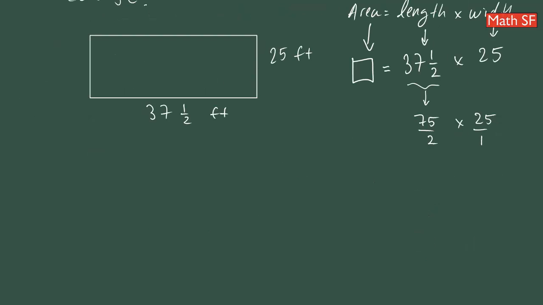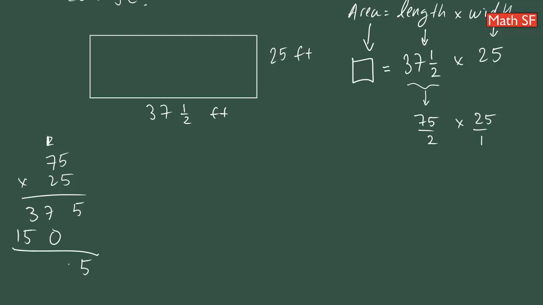75 times 25 will be, let's do it on the side. 75 times 25. 5 times 5 is 25. 5 times 7 is 35, plus the 2 on top is 37. 2 times 5 is 10. 2 times 7 is 14, plus 1 is 15.